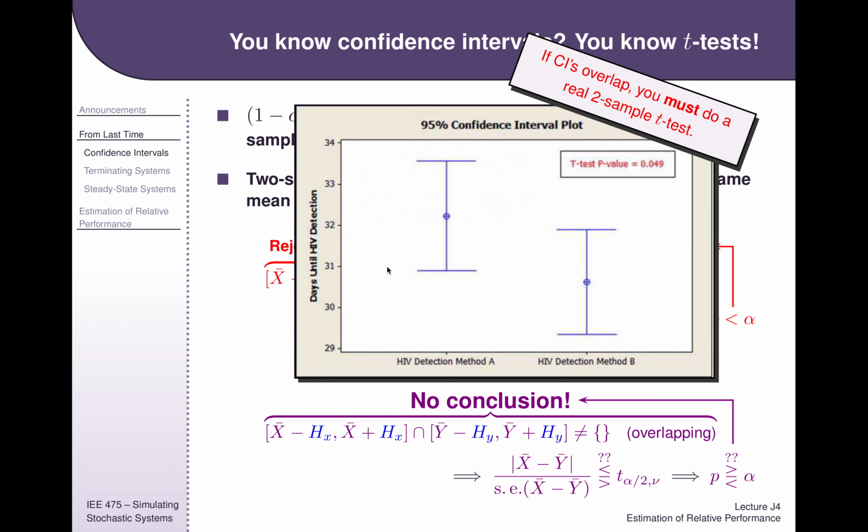If they did not overlap, we wouldn't have to do the t-test, and we could assume that B was better than A. But because they overlap, we cannot conclude anything. You might be tempted to conclude that B is the same as A, but when we actually do the t-test, we find out that B truly is different than A.